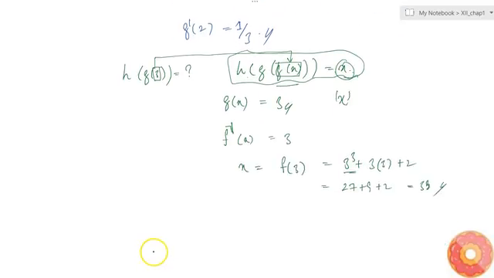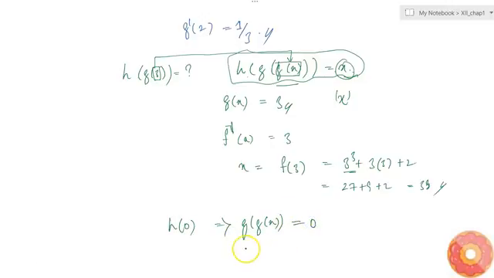Now we are asked to find h of 0 in option C. That implies g of x if we put 0, just like the previous method, g of x equal to 0 gives x equal to f of 0, that is equal to 2.